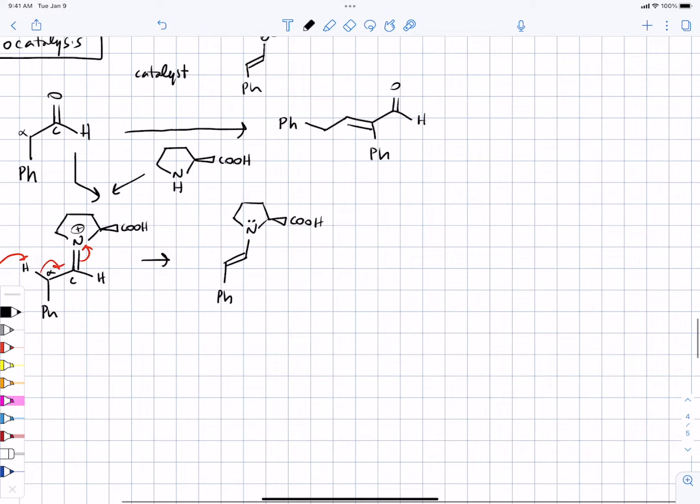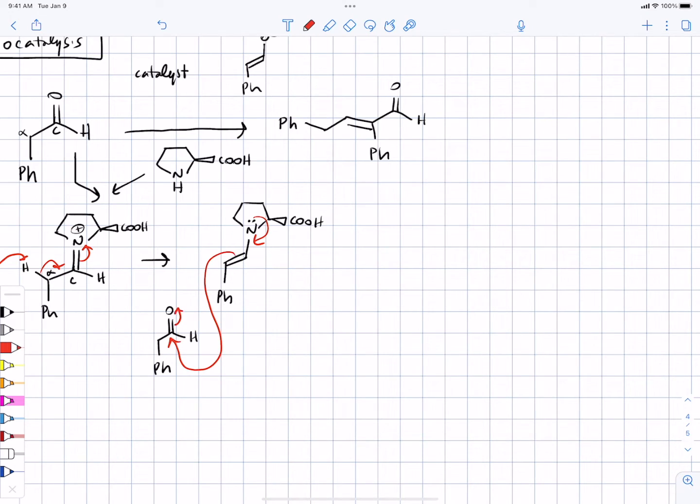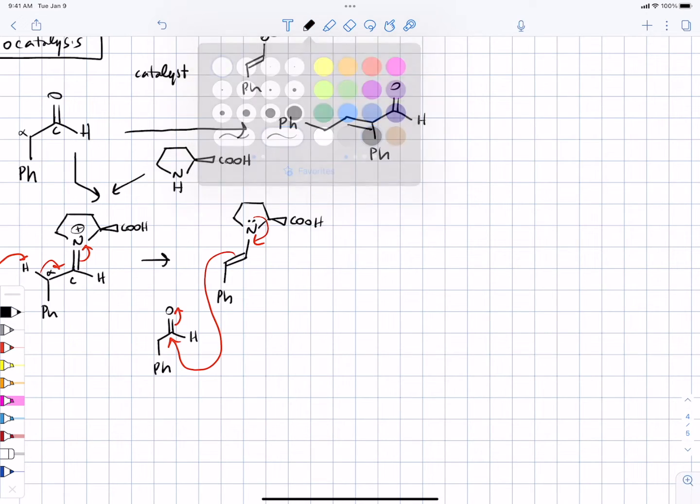And so what happens next is that enamine acts as a nucleophile to attack another aldehyde, and you can push arrows however you want here, but showing the alpha carbon attacking the carbonyl carbon is good.